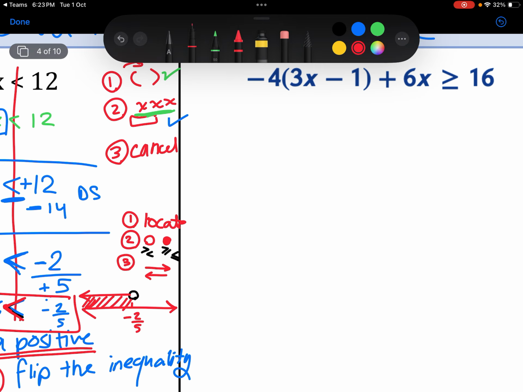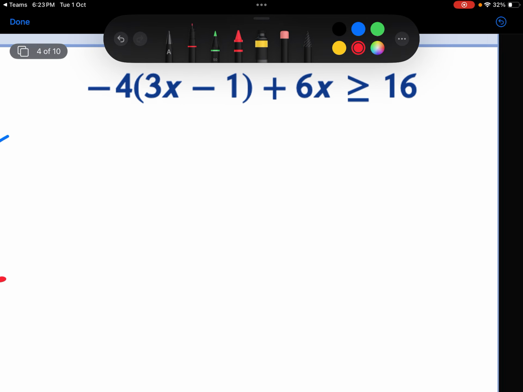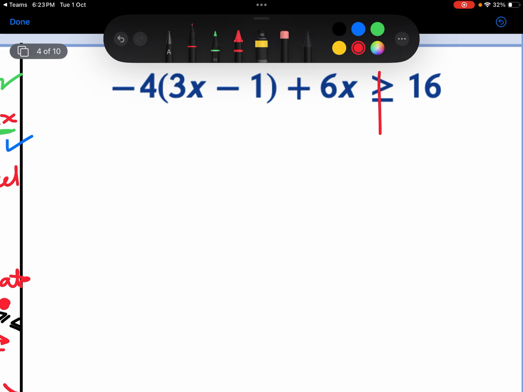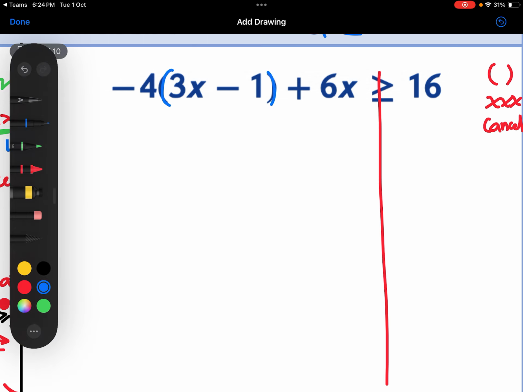Let's do this one, for example. Again, we're going to follow the same steps. Yalla, split your inequality. If you have a bracket, do it. If you have many variables, combine them, and then you can start canceling the terms. So do I have a bracket? I do. Yalla, let's distribute. So negative 4 times 3x. Negative 4 times 3 is negative 12x.